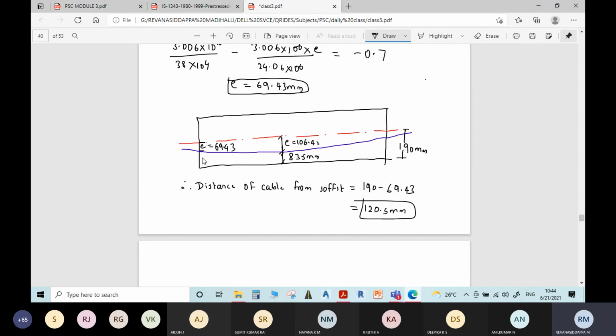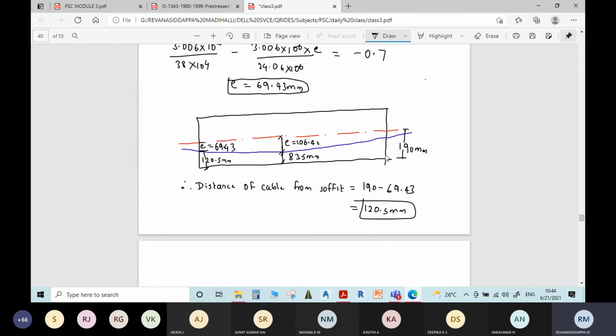Here you mention 120.5 mm. Okay, at the center the cable is located at a distance of 83.5 mm from the soffit of the beam.